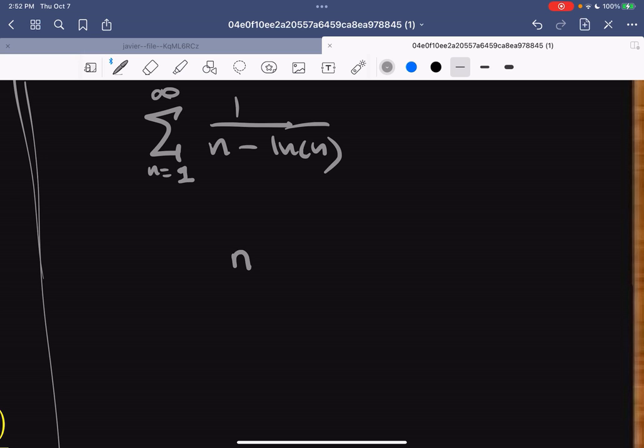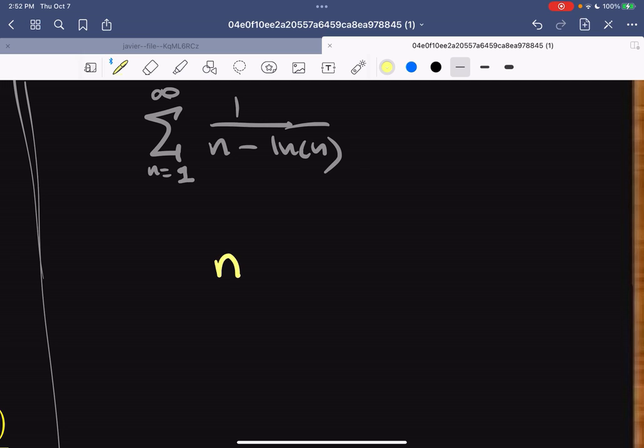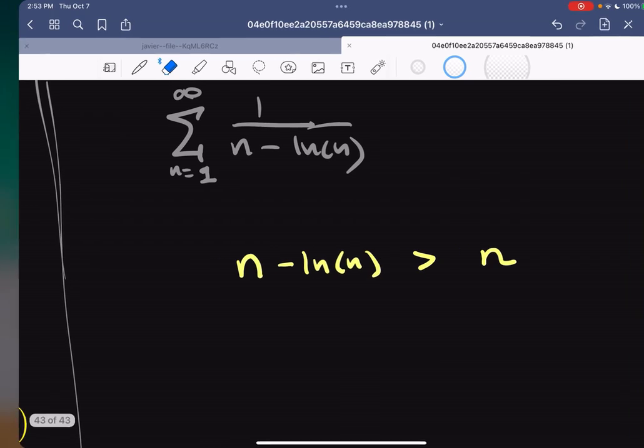But anyways, here's what I'm thinking. N minus ln of n, that has to be bigger than just n. Right? Sorry, just testing you guys, see if you're paying attention.